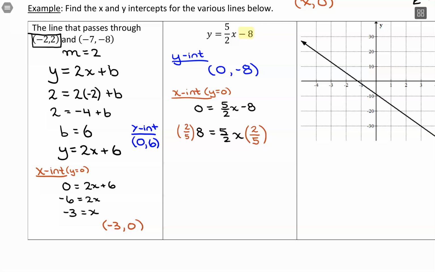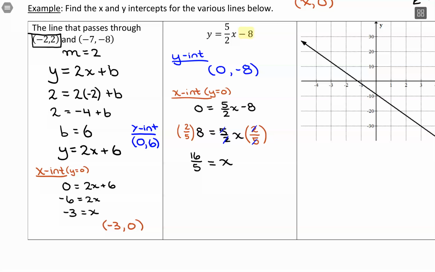Nothing really cancels out on this left-hand side, so we're just going to have 16/5 from the multiplication 2 times 8 in the numerator, and then technically a 5 times 1 in the denominator, and equals, and over here, like I was saying, those 2's would cancel out, those 5's would cancel, or you could think of it as if you multiplied, you'd have 10/10, which is just 1, but that would leave us with x.